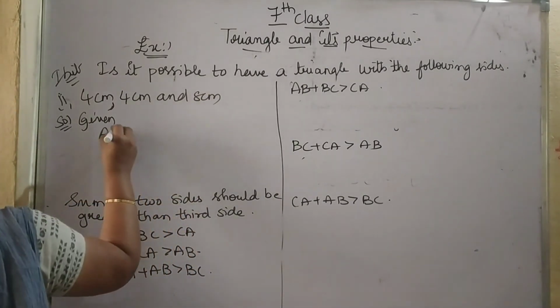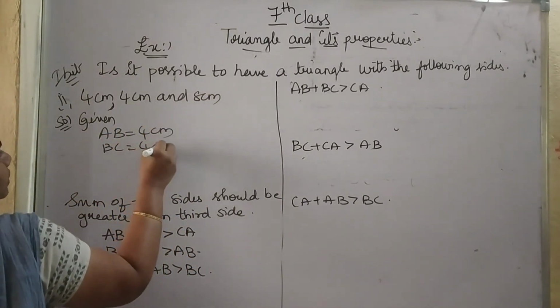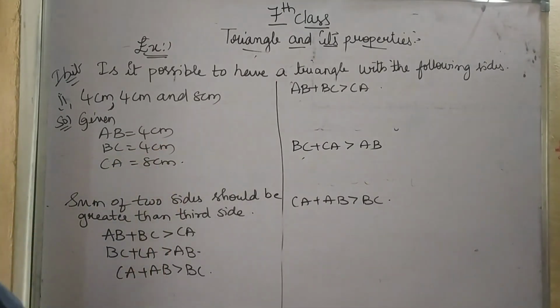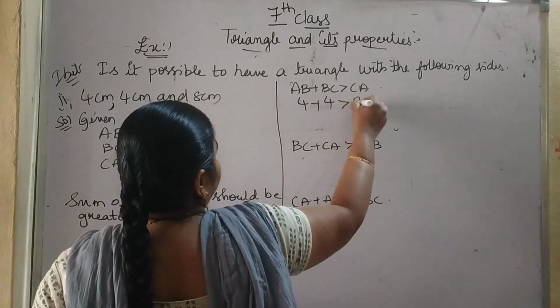So AB is 4 centimeters, BC is 4 centimeters and CA is 8 centimeters here. So whether the condition is satisfied or not we have to check. So I am applying the three conditions.